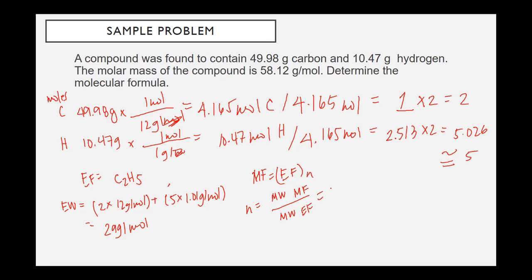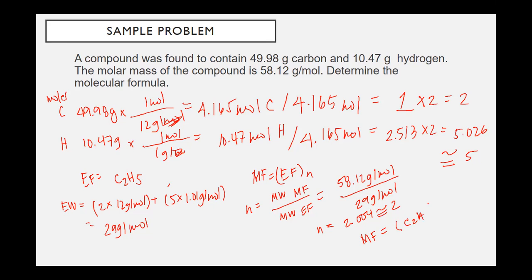So, given na yung molar mass natin, which is 58.12 grams per mole, divided by our computed empirical weight, 29 grams per mole, N now is equal to 2.004, or approximately 2.